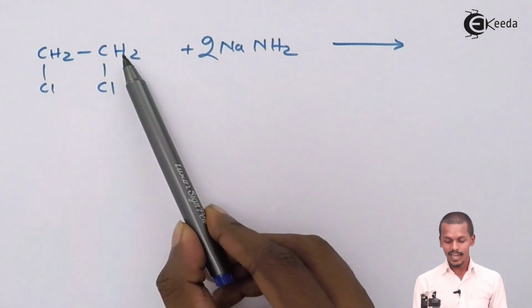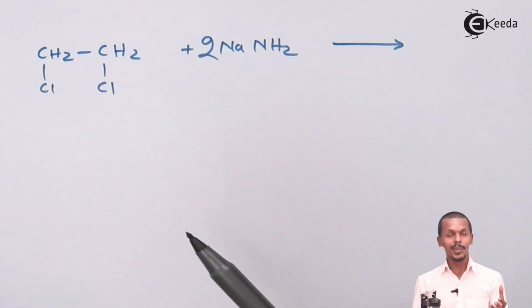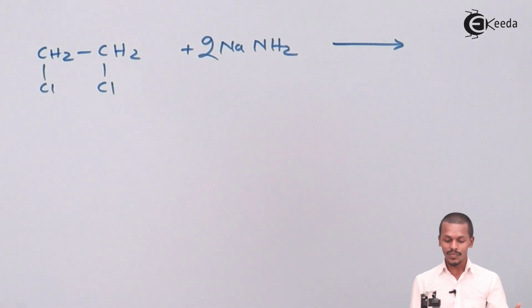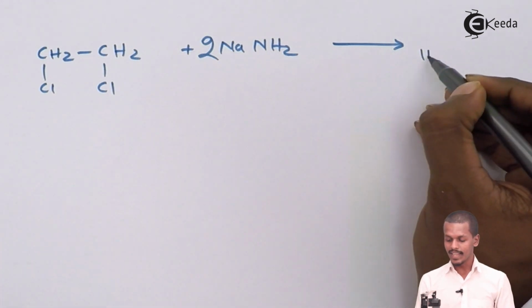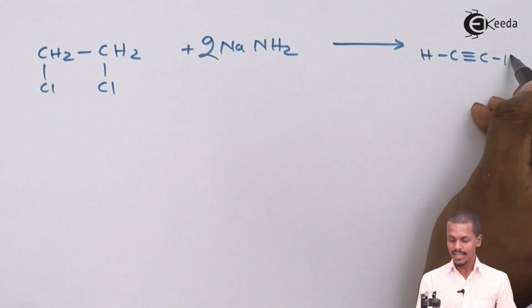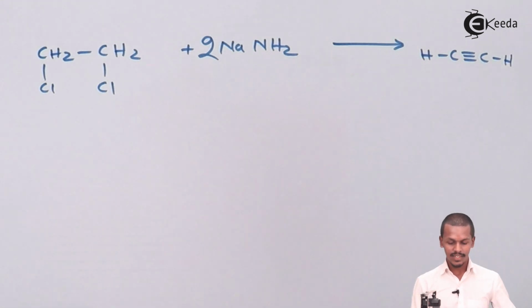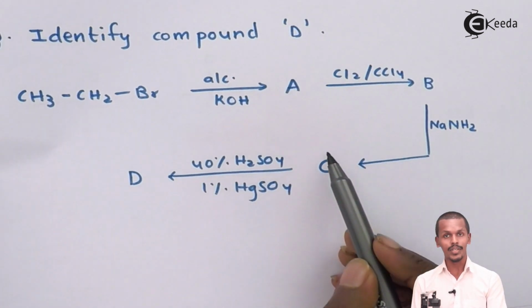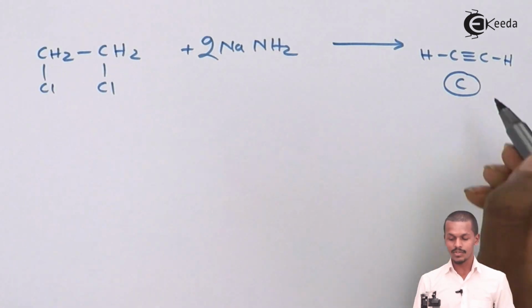This hydrogen atom and again this hydrogen atom will be removed as NH3, and because of which we see the formation of ethyne. So ethyne is the product that is formed, and that product can be named C, as we have written here.